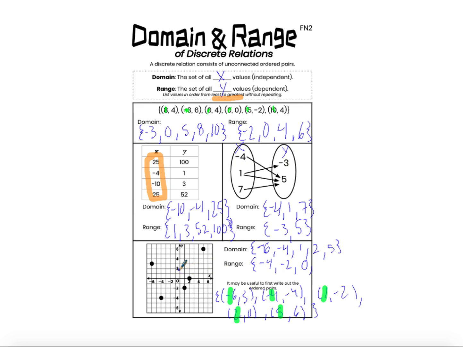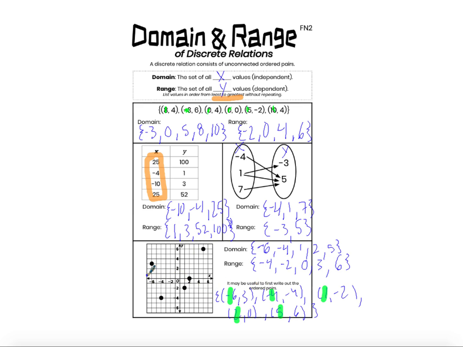No point when y is 1, y is 2, y is 3, yes. There is a point when y is 3. 4, 5, and 6 is my last value in my range. So the possible y values on this graph of this relation are -4, -2, 0, 3, and 6. So let's check that. -4, -2, 0, 3, and 6.